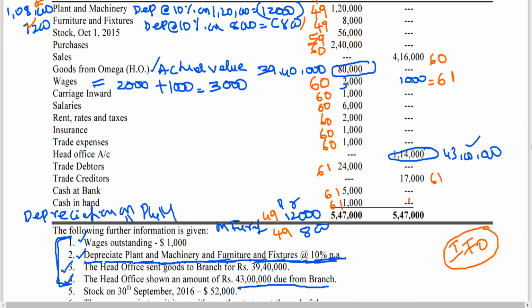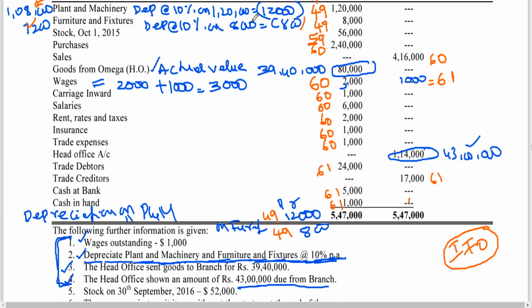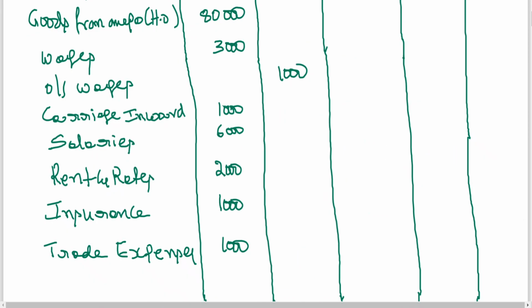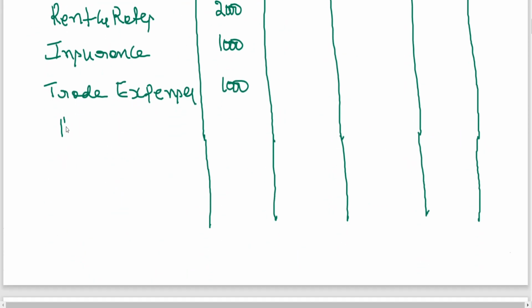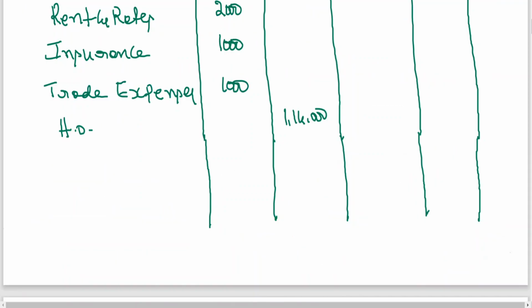Trade expenses 1,000. Then after trade expenses, head office, you write 1,14,000. Trade debtors 24,000.